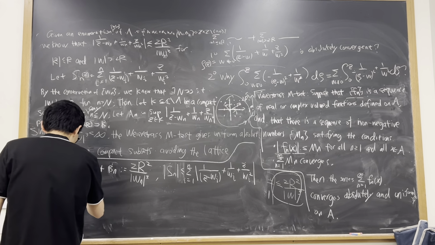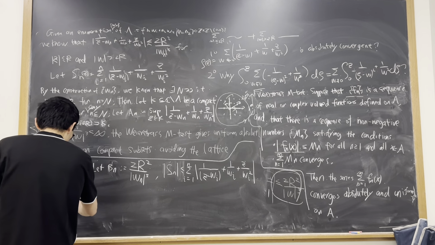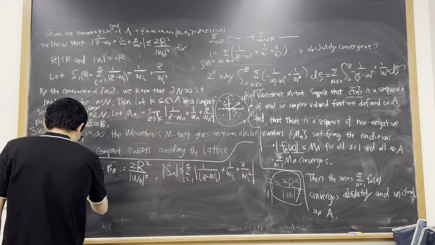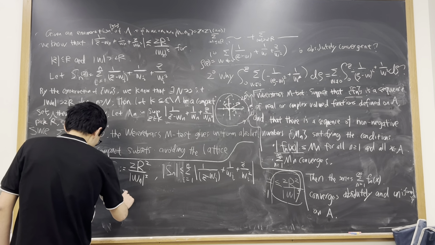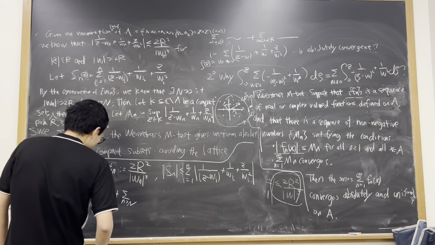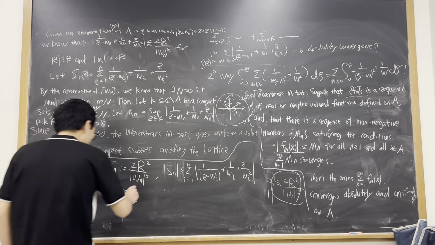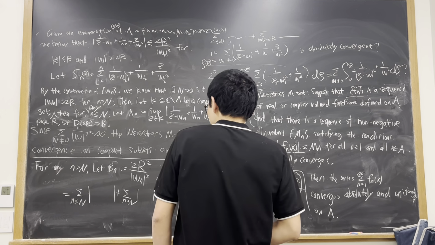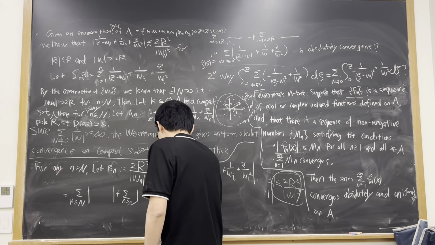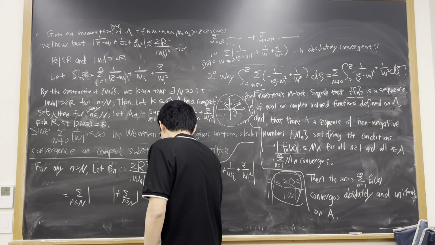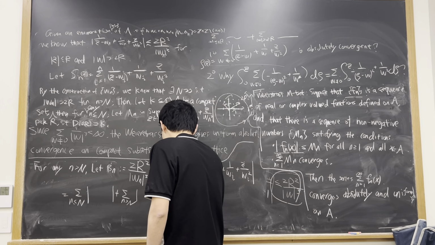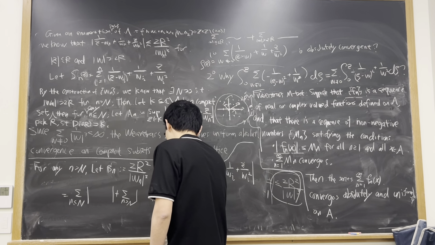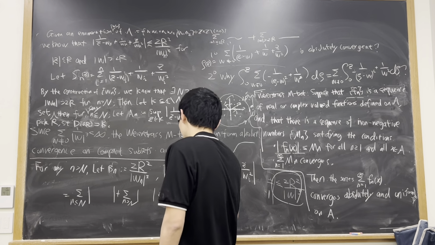The part where n is less than or equal to N, plus the sum where n is bigger than N. This part could be equal to 0. And then I just denote this one as our Mn, so just call this Mn.